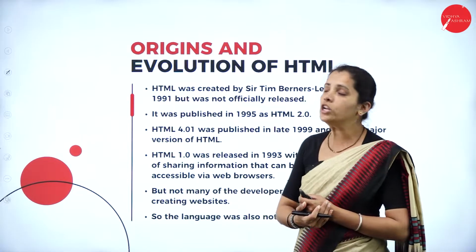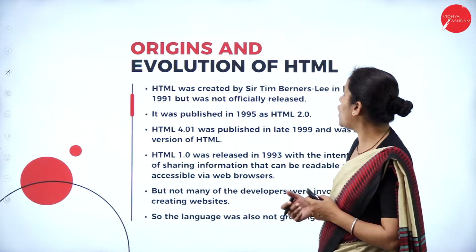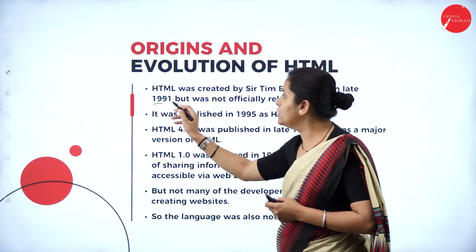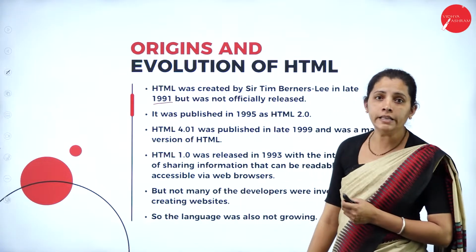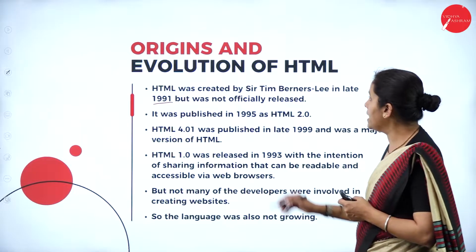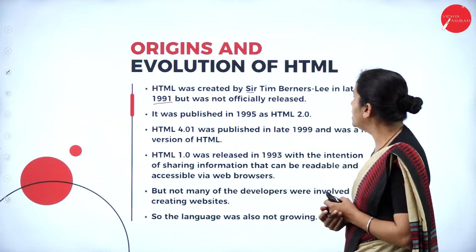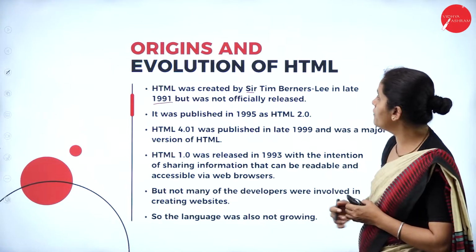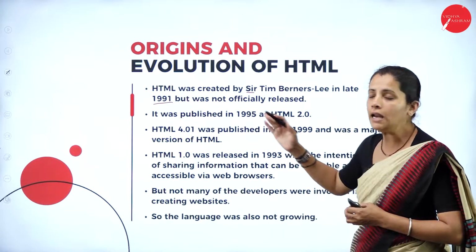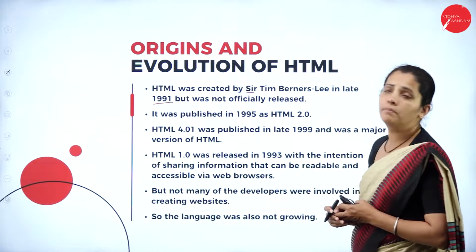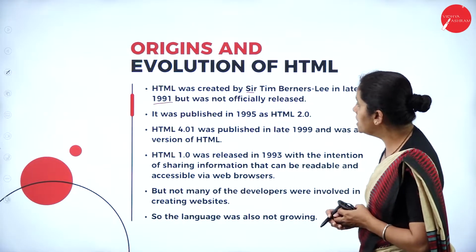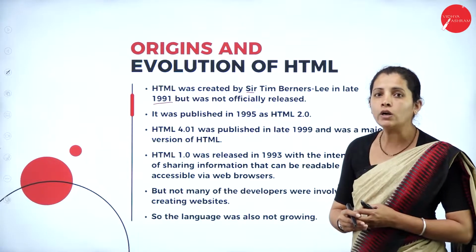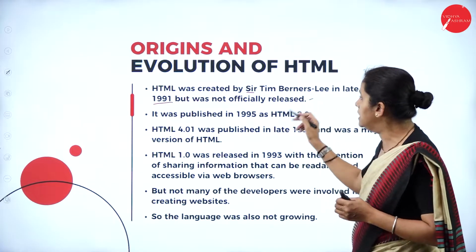Now, let's discuss the origin and evolution of HTML. Okay, see here, it was introduced in the year 1991 by Sir Tim Berners-Lee. Okay, who is the father of HTML? That is none other than Tim Berners-Lee in the year 1991, but it was not officially released.